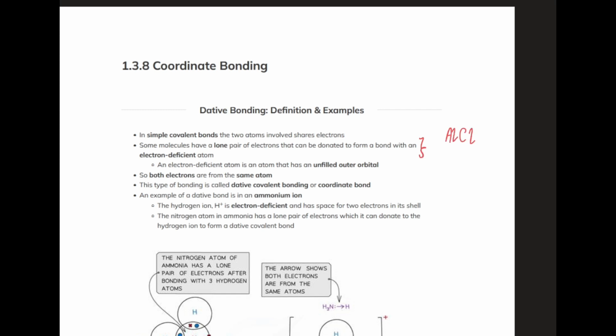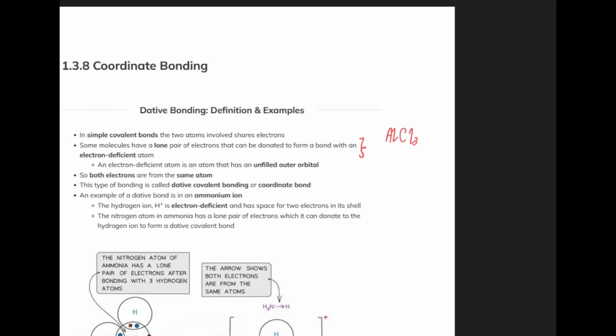Aluminium chloride, AlCl3. So you can easily imagine that this is like Al, Cl, Cl, Cl. So 1, 2, 1, 2, 1, 2. So it looks like this.